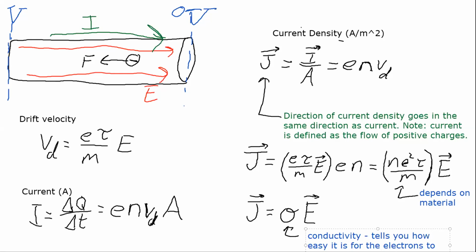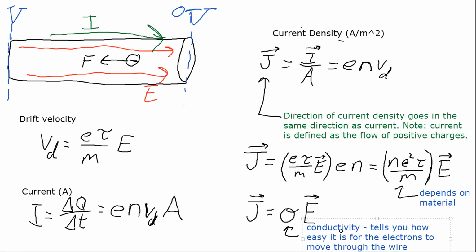I changed the position there so you could read it. So the larger the conductivity, or the larger the number you get there, the more current density you're going to get, right? And ultimately the more current. So conductivity, a larger number means more current.